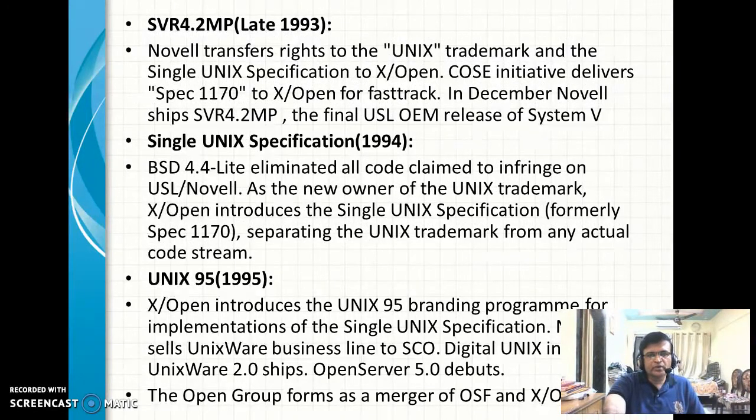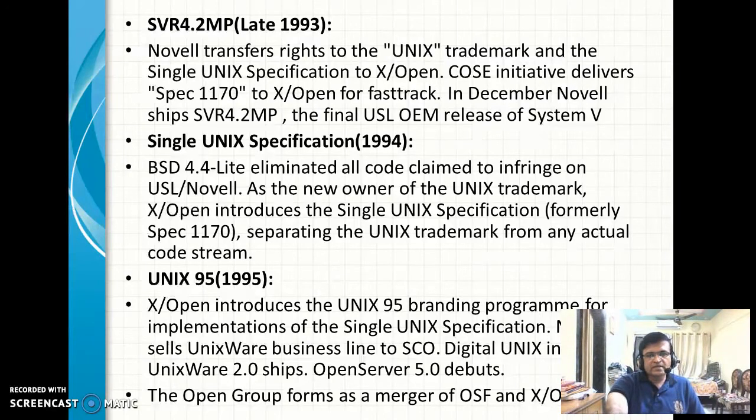Novell sells the UnixWare business line to SCO, that is Santa Cruz Operation. Digital Unix was introduced, UnixWare 2.0 was shipped, and OpenServer 5.0 was the debutant during this year.